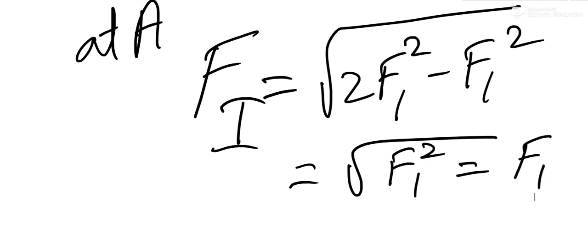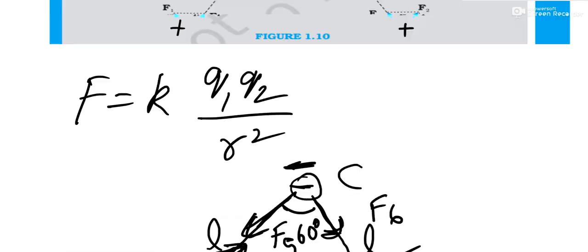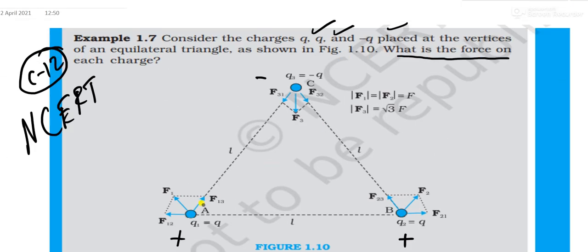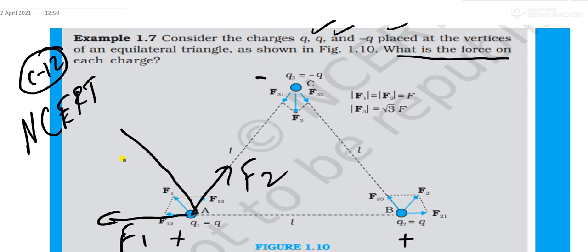So force 1 is equal to force 2, and the resultant force will be F. Okay, so this side force is F2, this side force I have taken F1, and the resultant is going to be equal to F1. So F1 or F2, the resultant is either of these.